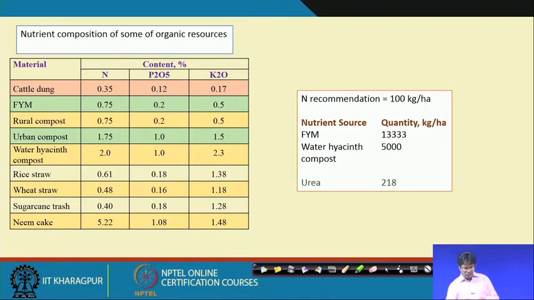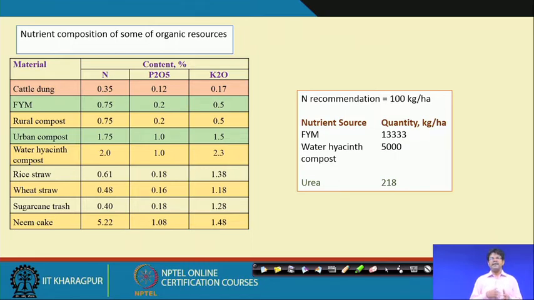That means water hyacinth contains 2% nitrogen, FYM contains 0.75% nitrogen. If the crop requires a high amount of nitrogen, the source of compost should be rich in nitrogen, or you have to enrich the compost with nitrogen, so that the requirement can be decreased. If you use FYM, the amount required is 13.3 ton, but with water hyacinth based compost, the amount is reduced to 5.0 ton per hectare.